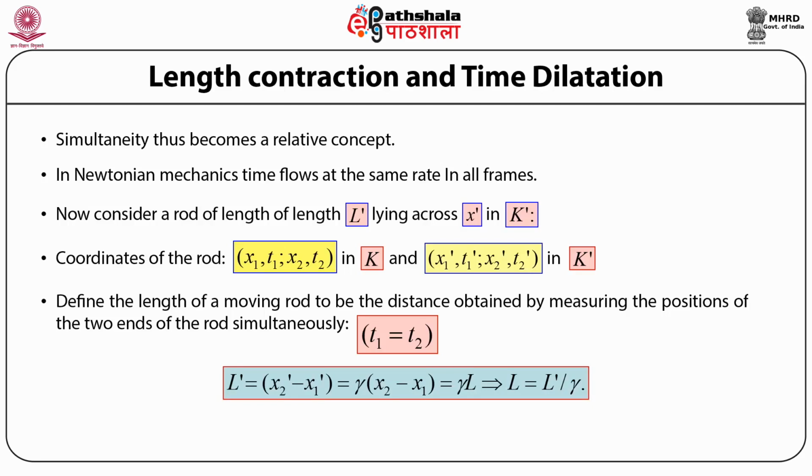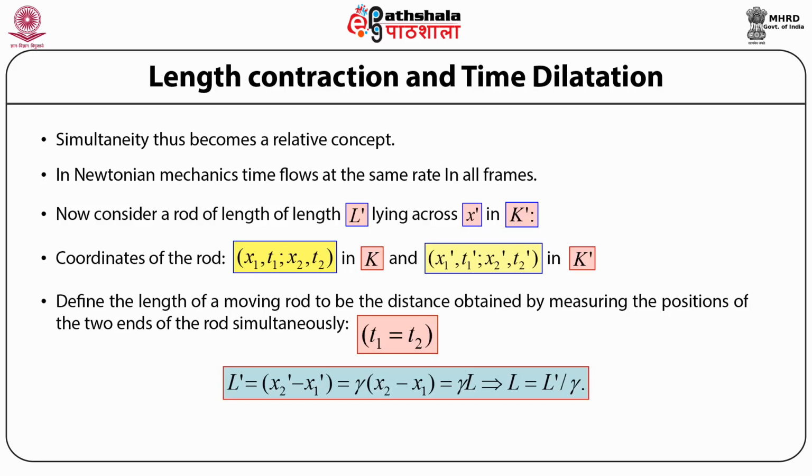So here we have done a Lorentz transformation in going from the frame of reference K prime, which is moving with the rod, to the frame of reference K in which the rod appears to be moving.